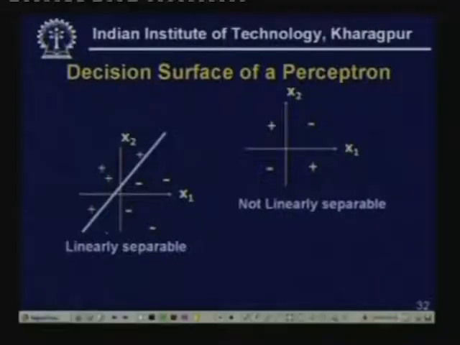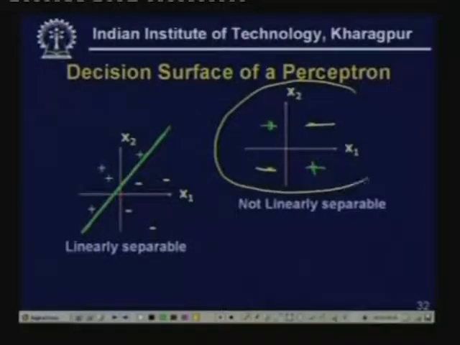This figure is an example of points which are linearly separable. You see the green points are separated from the yellow points by this line. Now, here we have another example where we have two positive points here and two negative points here, and you can see that we cannot find a plane or a straight line which separates the positive points from the negative points.